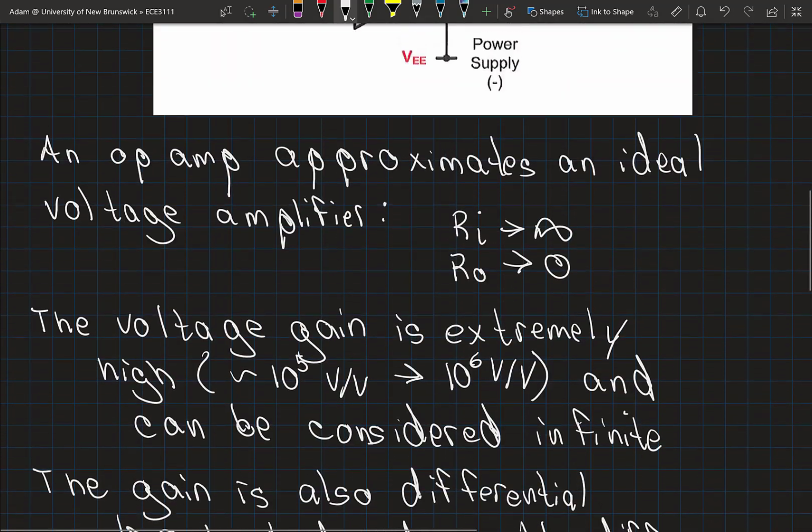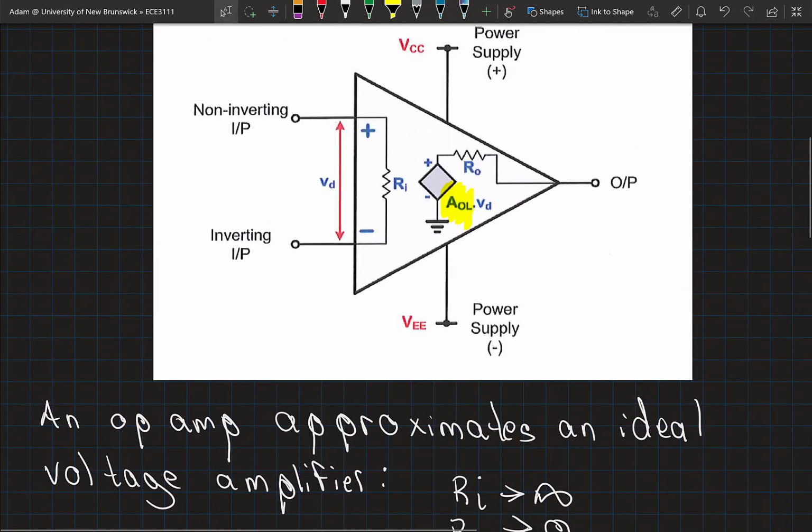Let me go back up to the diagram and highlight those. The differential voltage is the voltage difference between the non-inverting and inverting terminals. So the voltage that's generated by the amplifier is the open loop gain times that voltage.